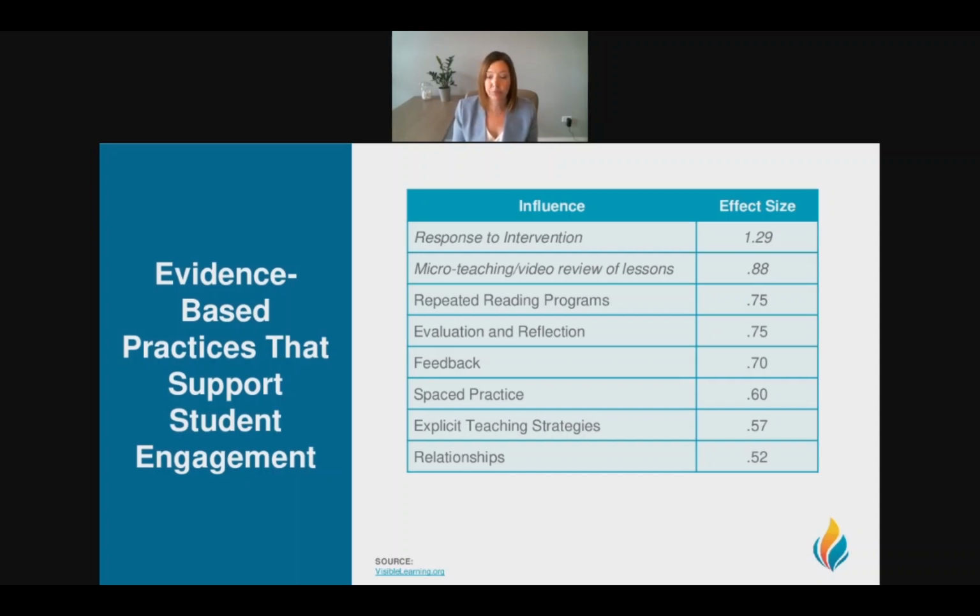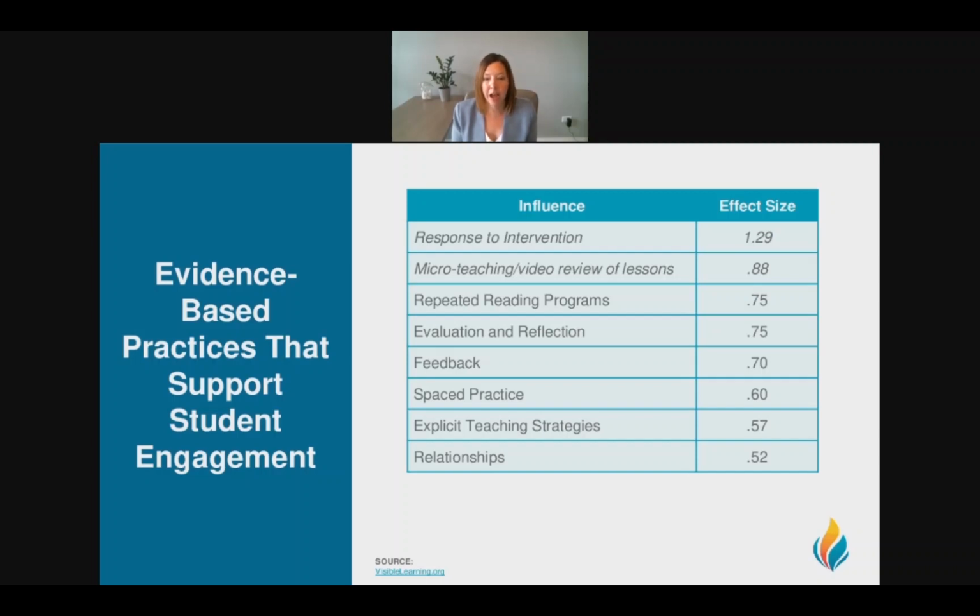You'll also see then under that list several different programs or practices that can be used that are really highly engaging to students, that support student engagement within their learning, that also are evidence-based. And so as we think about specific things such as repeated reading programs, which I showed an example of earlier as well, of a whole group intervention, highly effective and can be implemented within the universal tier.